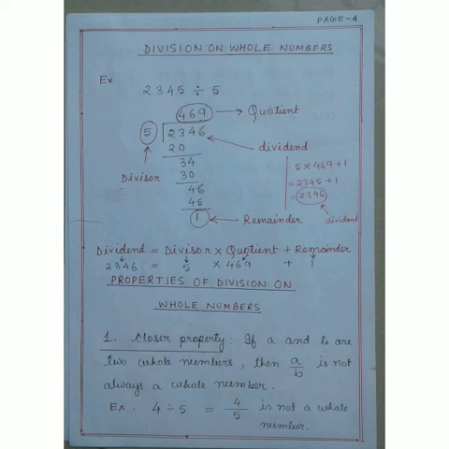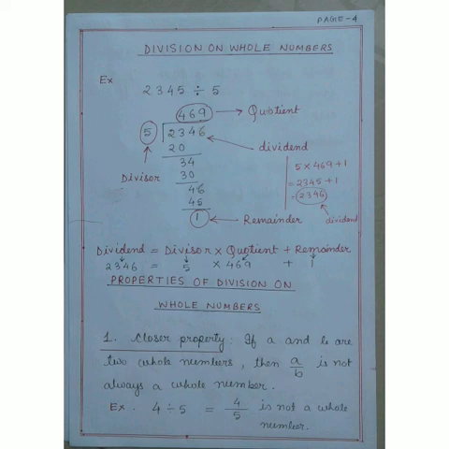In my last class, I showed the different parameters in a division sum: what is divisor, what is dividend, what is quotient and what is remainder. Dividend is always equal to divisor into quotient plus remainder. You have to keep this in mind.